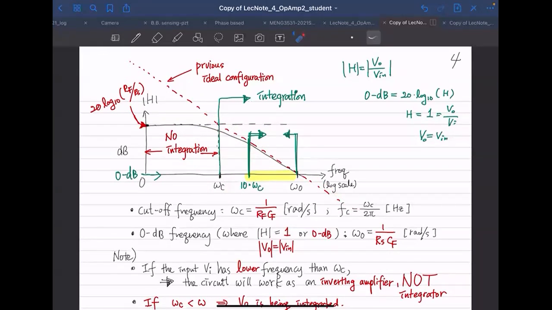If I have a choice of frequency range, I would like to use a frequency that is higher than the cutoff frequency, about 10 times higher. But I'm not going to use too high a frequency because in this regime, Vout is getting smaller than my Vin, so I'm losing some of the amplitude that I already provided. Why would I want that?